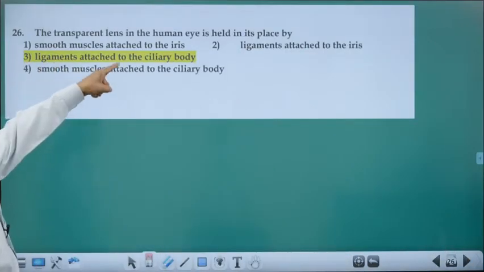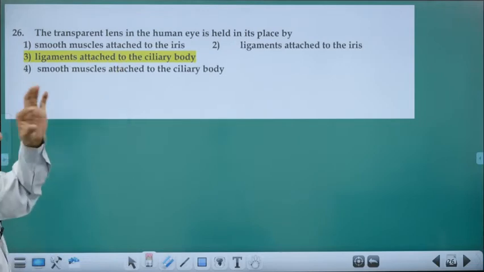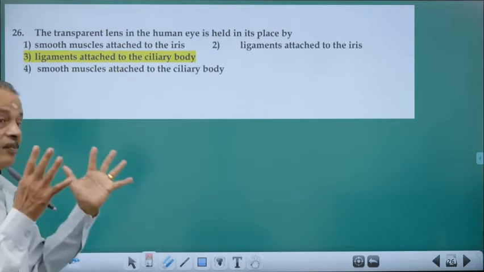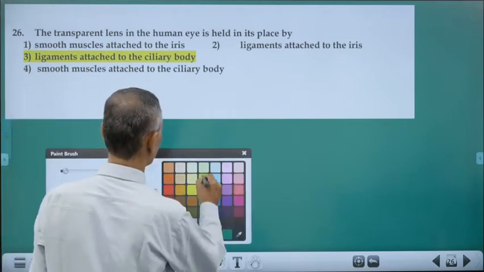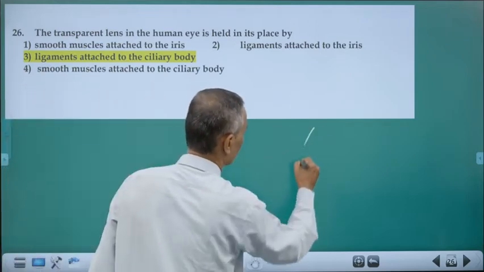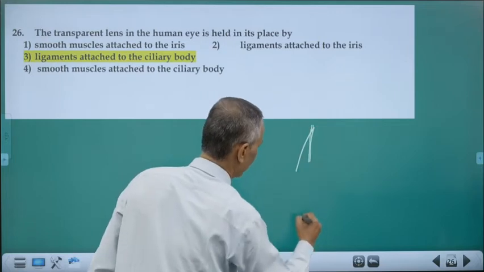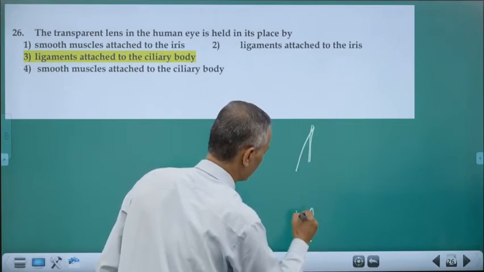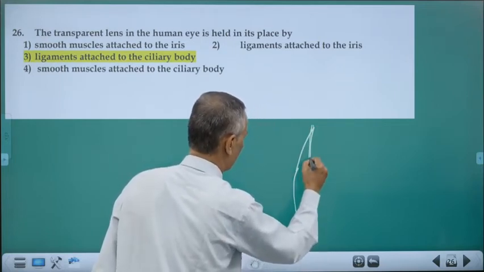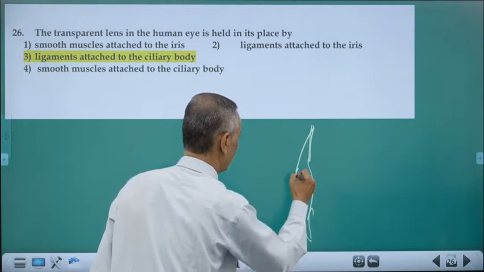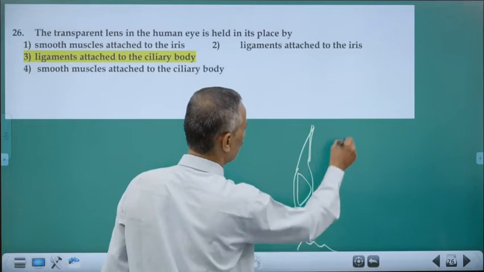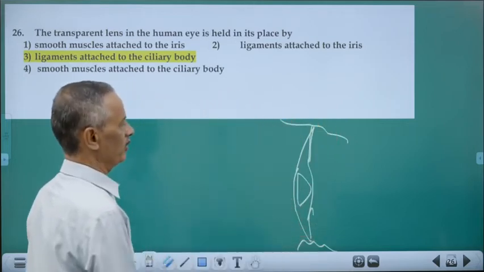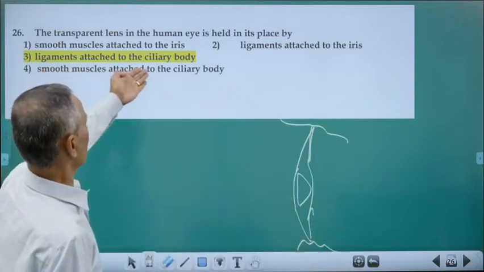Transparent lens in the human eye is held in its place. How? The lens is held by the suspensory ligament, and that suspensory ligament is attached to the ciliary body.